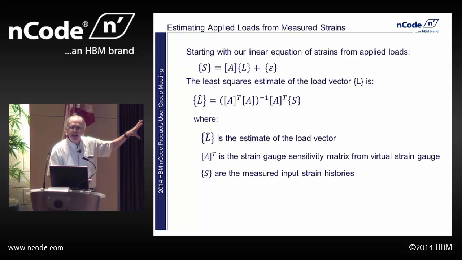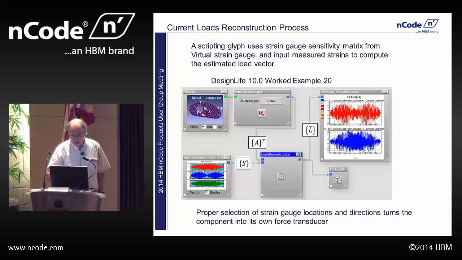In fact, in worked example 20, inside of DesignLife 9, we did this as a worked example. It took everything that already existed inside DesignLife in terms of virtual strain gauges, and what we have down here is a scripting glyph, which is a standard part of DesignLife.